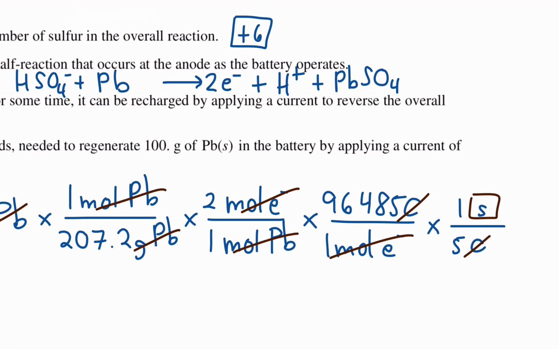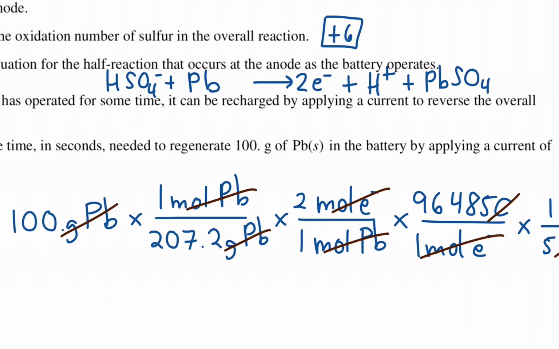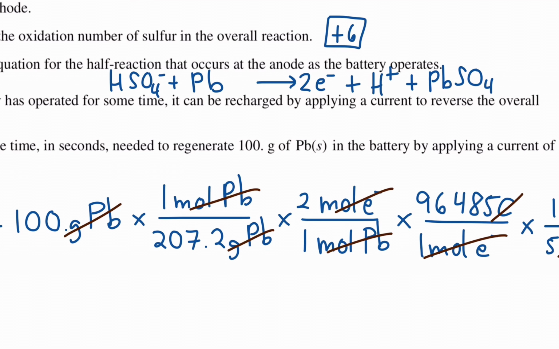And when you do that, you get a very large number of time when you take 96,485 divided by 5 times 2, multiply by 100. I'm not doing it on the screen, I'm just doing it off to the side here on my calculator.